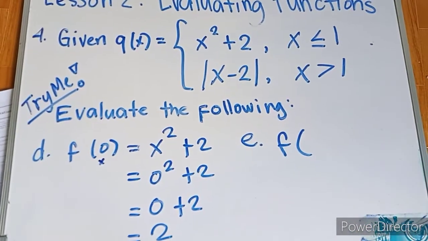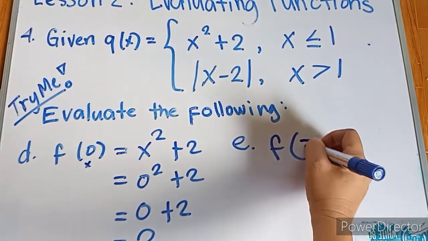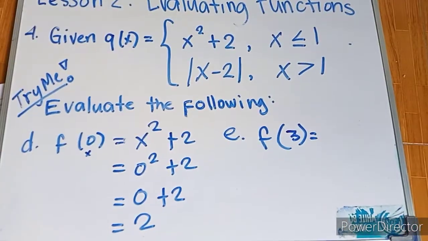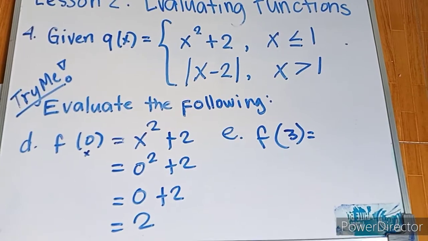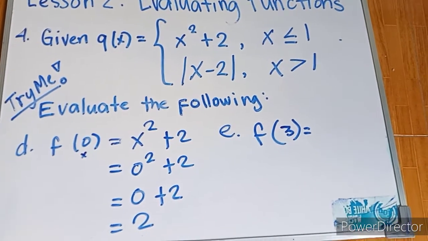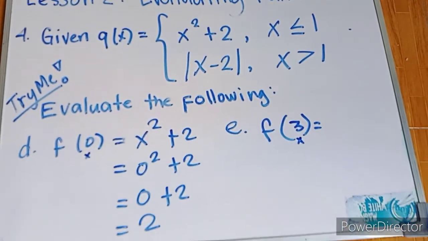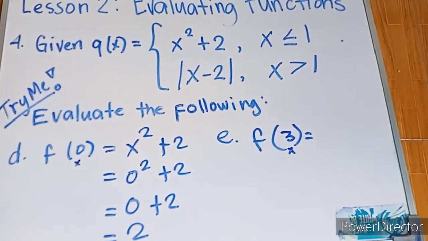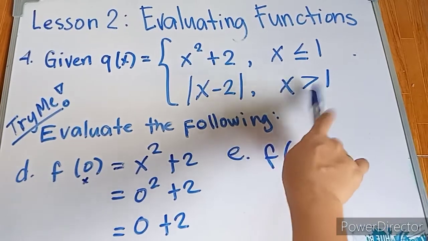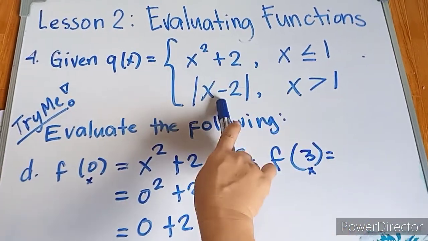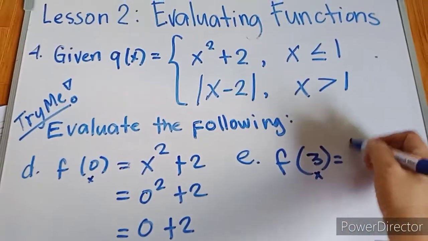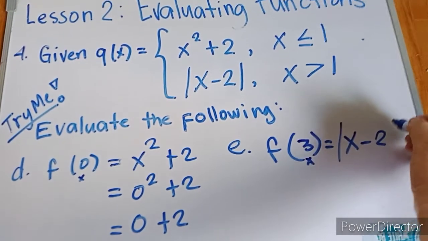For letter E, f of 3. That is positive 3. 3 belongs to the condition where x is greater than 1. Since our x here is positive 3 and we have the condition if x is greater than 1, we will use the second function, which is the absolute value of x minus 2.